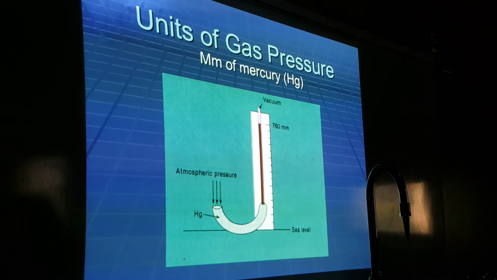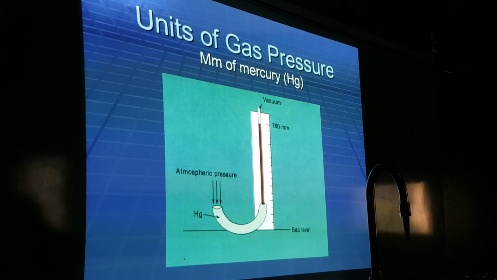It doesn't seem like much of a push to us, but it's pushing down on the dish, which converts to an upward push that holds the mercury up in the tube, to the tune of 760 millimeters of mercury at sea level. So we're really experiencing quite a bit of force from just the weight of the atmosphere.